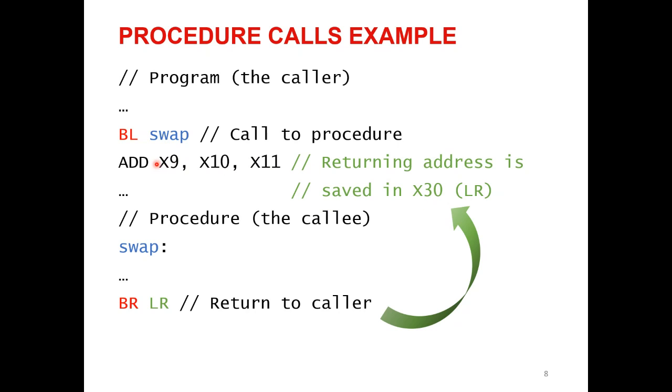Whatever instruction you have here, the register in which the next address will be saved is 30. So here it is just a coincidence that the sum of the registers is 30. It doesn't matter which instruction you have here; the address of the next instruction will be stored in register 30.